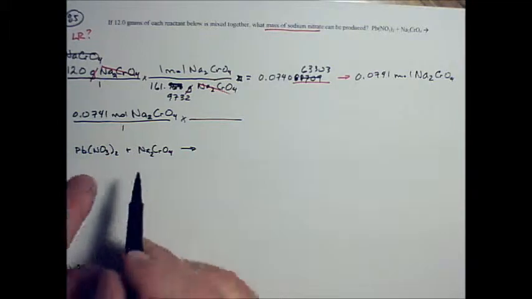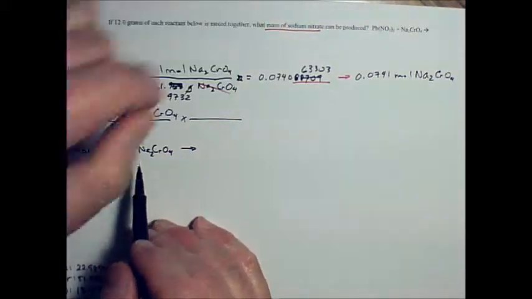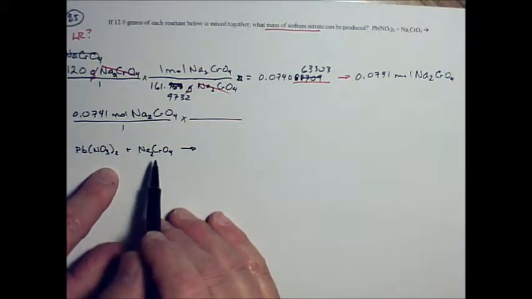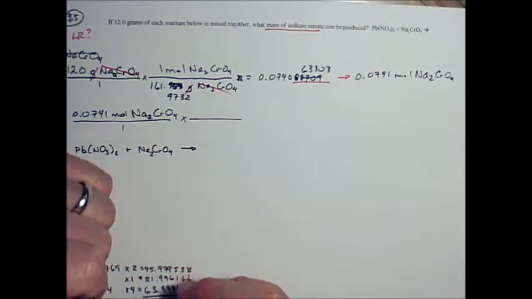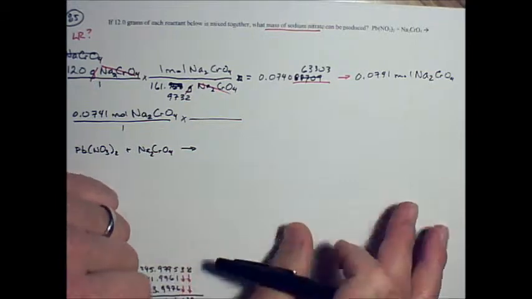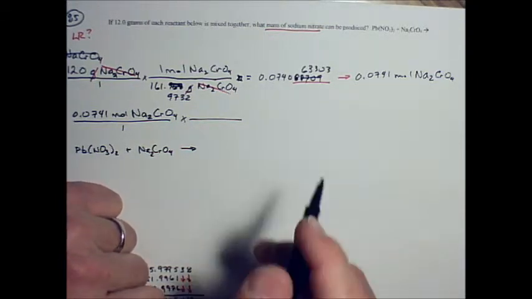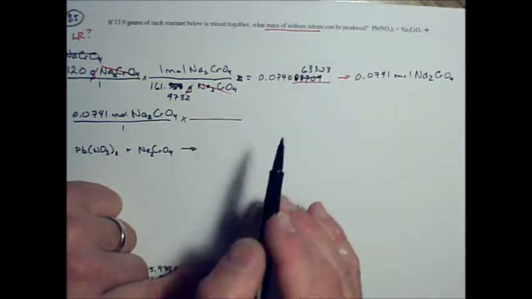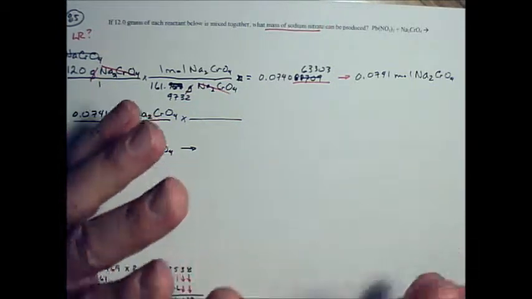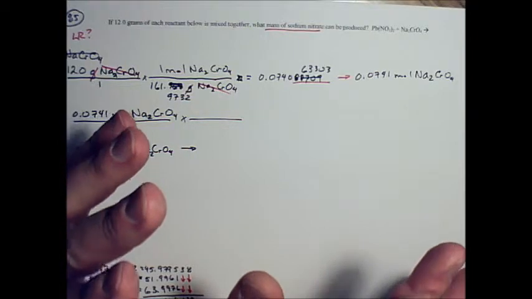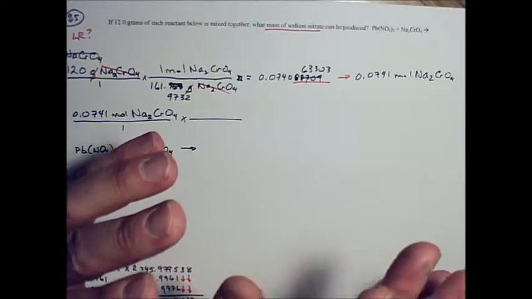The way I've taught you is to always predict the physical states, but this particular problem you can do without predicting physical states, because it isn't asking what the solid is. It tells you right away that what I want is the mass of sodium nitrate. So you can just predict the products without figuring out the physical states. You don't have to go any further than that.